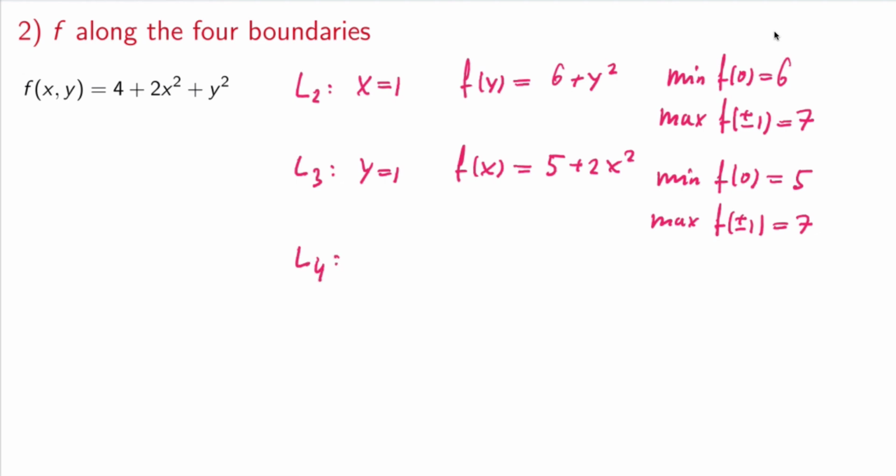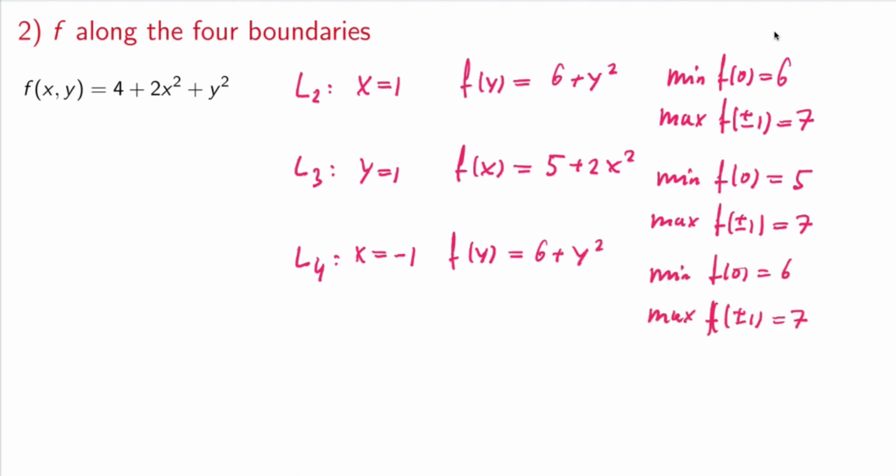And then L4, that was on the left where x is -1. So then we get a function of y, which is the same as before, 6 plus y squared. And again, we have a minimum at 0 and a maximum at plus or minus 1. And now the third step was to take the inner points which we found and the boundary points which we found and compare all of those.